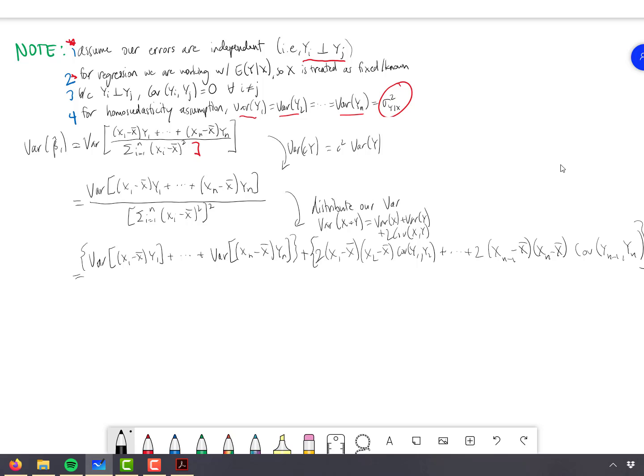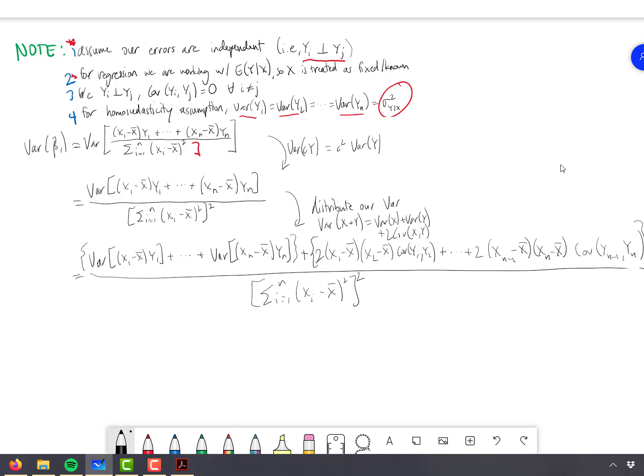Then we close our parenthesis. All of this is still divided by the sum from i equals 1 to n of (xi minus x bar) squared, all of that squared.